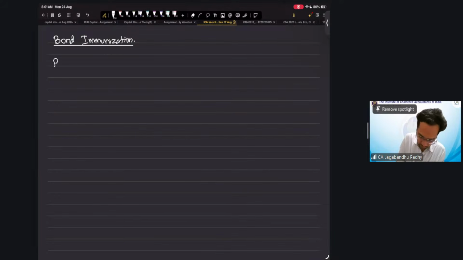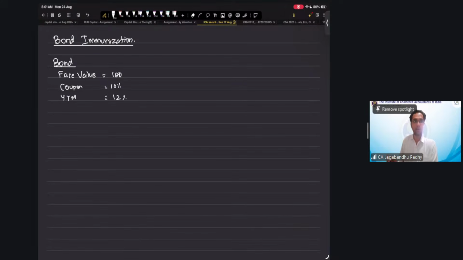So suppose we have a bond with face value being 100, coupon being 10%, YTM, the market rate of interest, is, let's say, 12%, and tenure is 2 years.